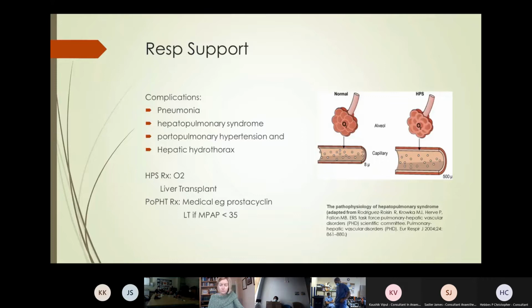These patients will also have the AV malformations that result in shunts. When you sit them up, they become more dyspneic and hypoxic, and when you lie them down, they get better, and that's what we call platypnea.